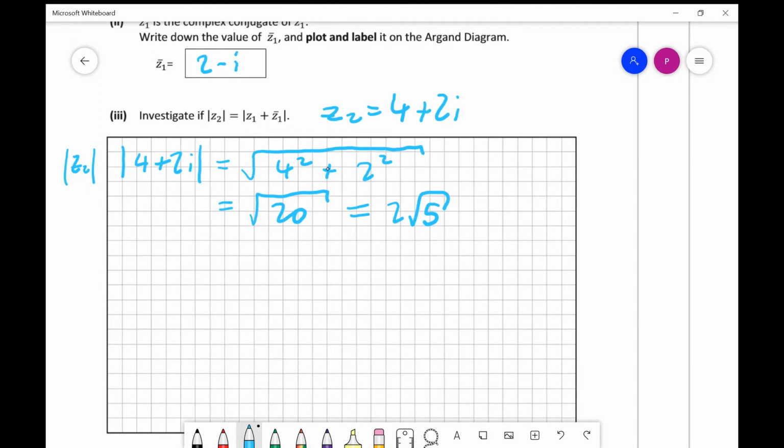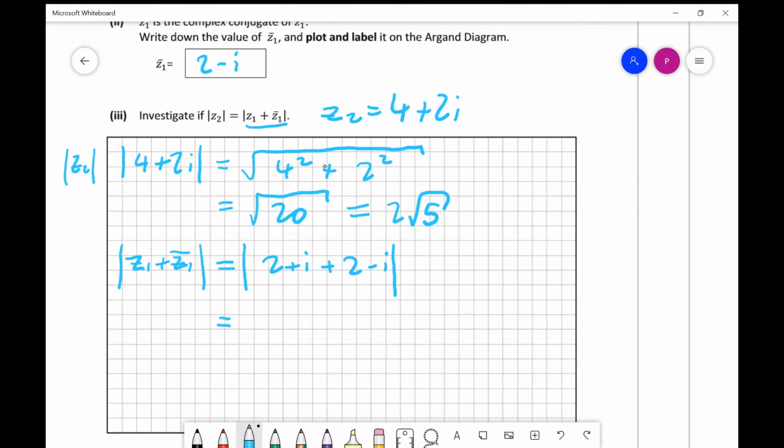Now we're going to do the Z1 plus Z1 hat part. So to find the absolute value of Z1 plus Z1 hat, that is equal to the absolute value. Well, Z1 was 2 plus i, and we're adding its conjugate to it, which is 2 minus i. So we've left the lines either side because we've yet to do this square root thing to it, but we know that we are about to.